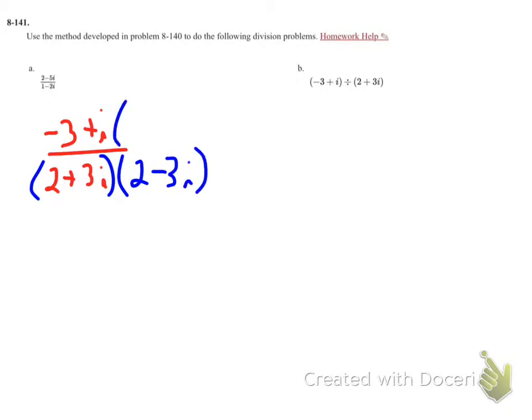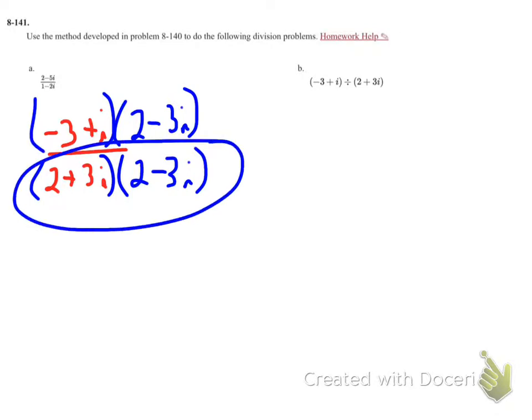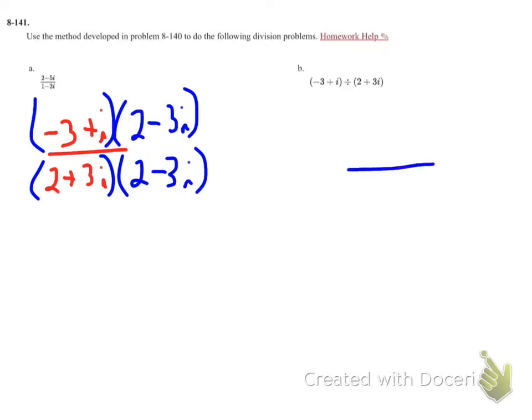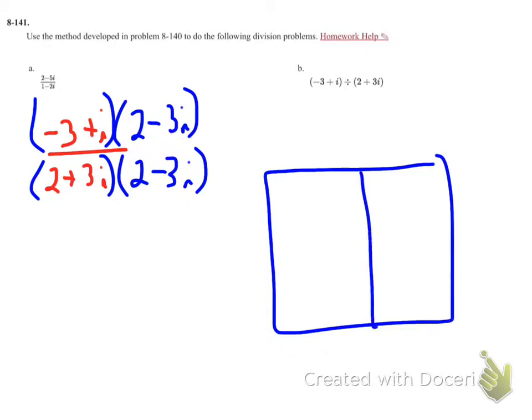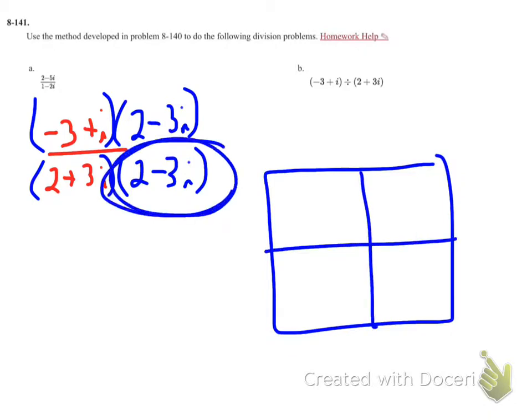And I need to multiply that in both numerator and denominator. I'm going to do the denominator first. Remember, we should be getting a solution here for the denominator that does not have i involved with it, because we are designing the number we are multiplying by so that we do not have an i in the denominator.